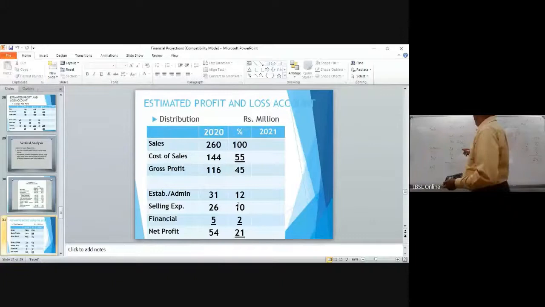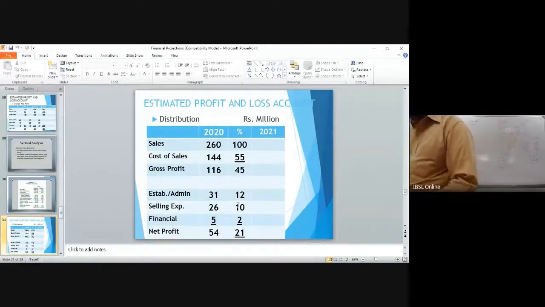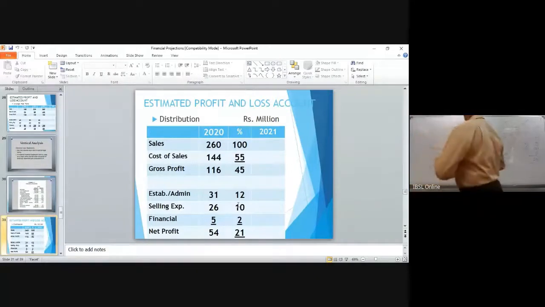We said projected sales, expected sales 400 million.